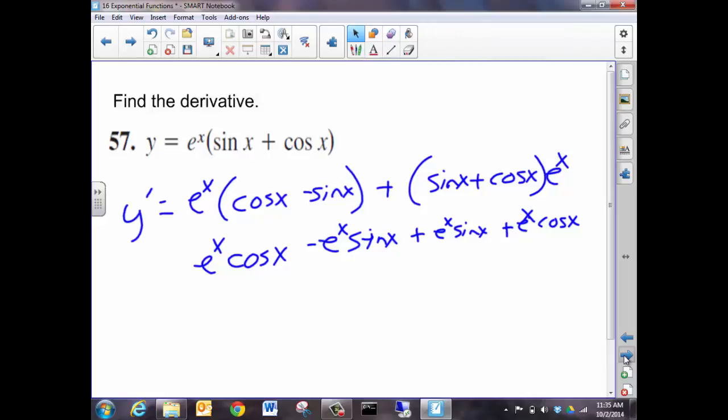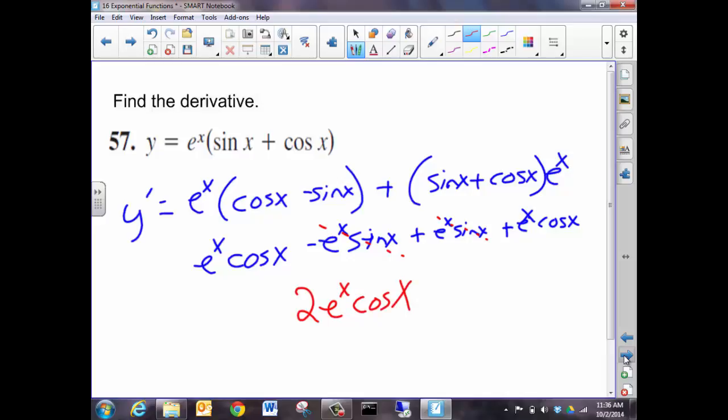Is everybody with me there? All right. So now I can cancel that. The two that have sine x in them will go away. And I've got e to the x cosine x plus e to the x cosine x. So that's 2e to the x cosine x. And that answer's there. How about that? Wasn't that nice?